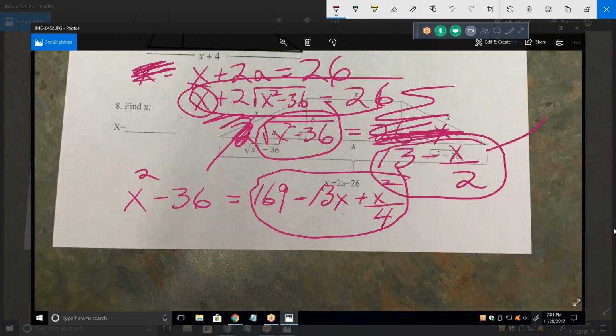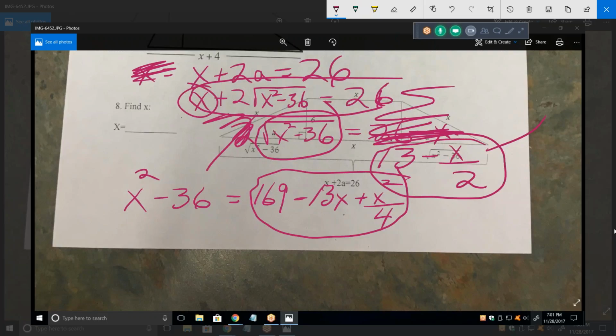What's the best way to solve this quadratic? We know we're going to end up with a quadratic that we're going to have to factor. Well, if I move everything over to one side, I'm going to have a complicated fraction in front of my x squared.